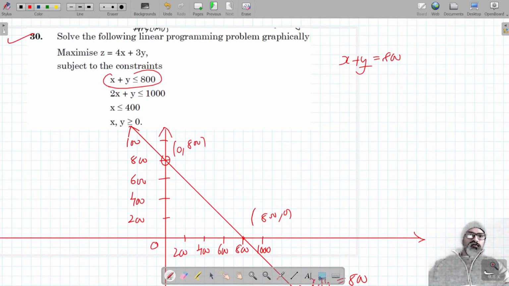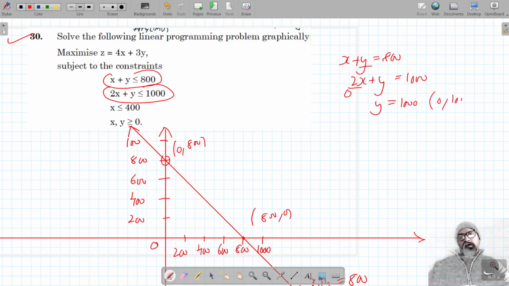Okay, next one is 2x plus y is equal to 1000. When we put x 0, which gives me y is equal to 1000. So 0, comma 1000. When x is 0, y is 1000. And I put y is equal to 0, which gives me x is equal to 500.